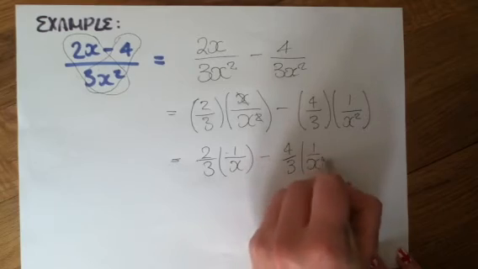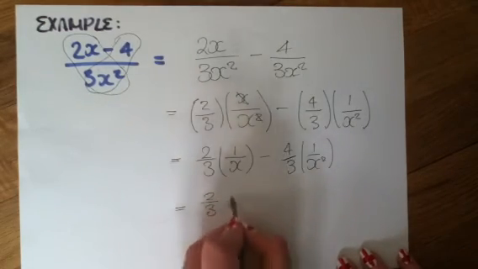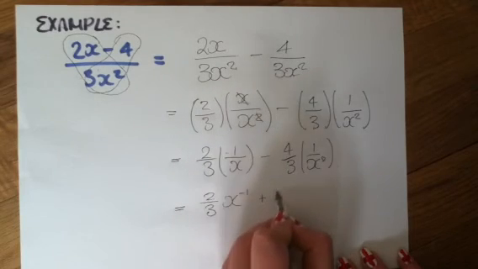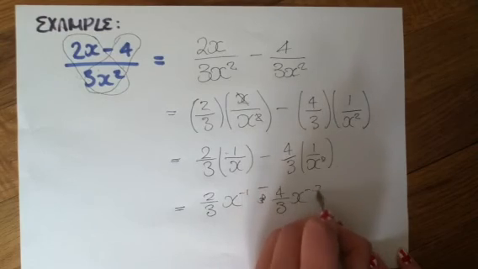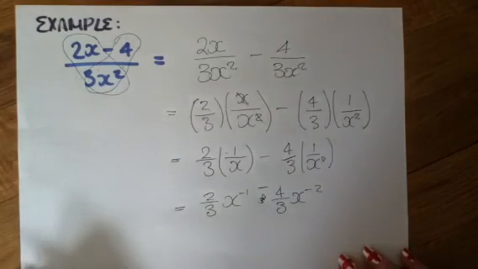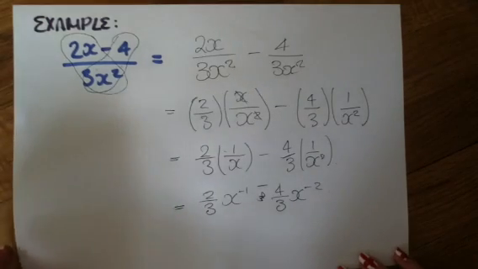Leave it 1 over x squared for now. And then we can use the reciprocal, so the negative index, and we get x to the minus 1 minus 4 over 3 x to the minus 2. And there you have it. So this should help you answer questions 5 to 14 of exercise 3.